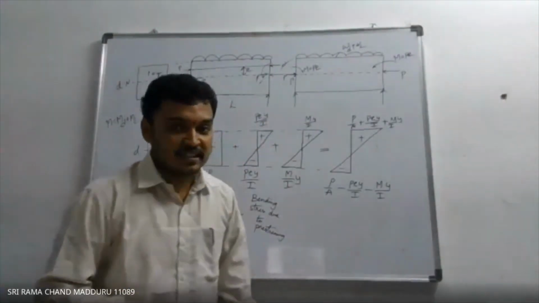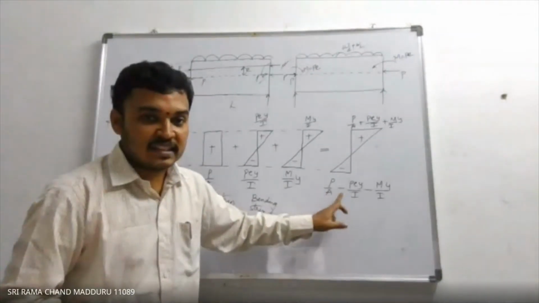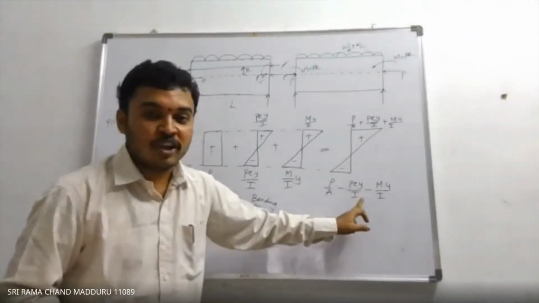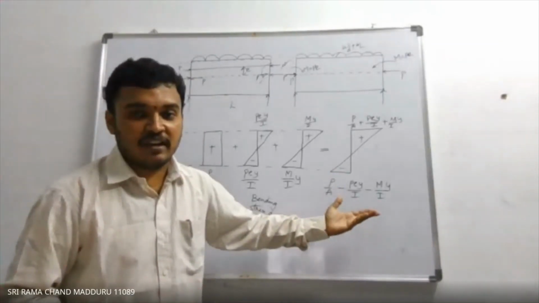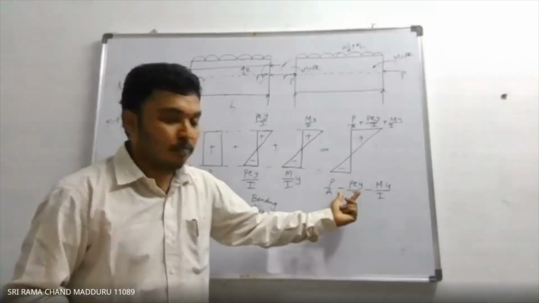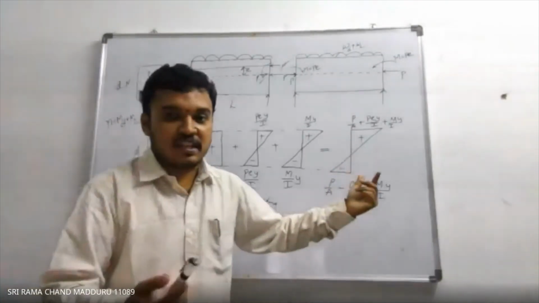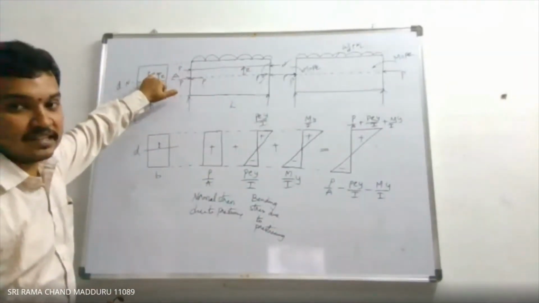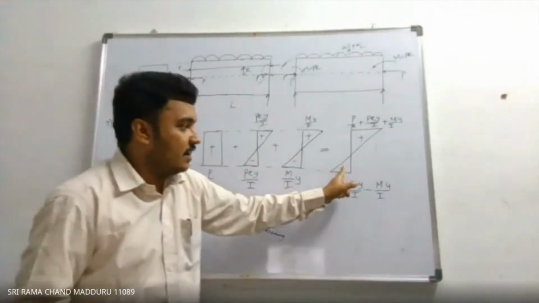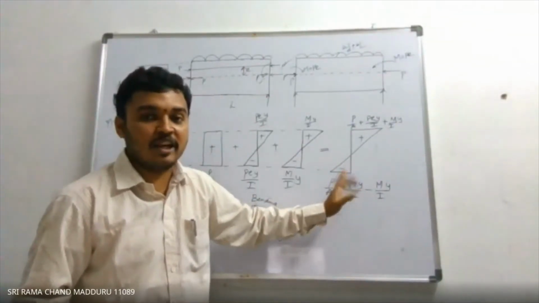Under case 3, at the bottom fiber the chances for negative are more. So if you provide the pre-stressing above the neutral axis, the resultant stresses at the bottom fiber become negative.